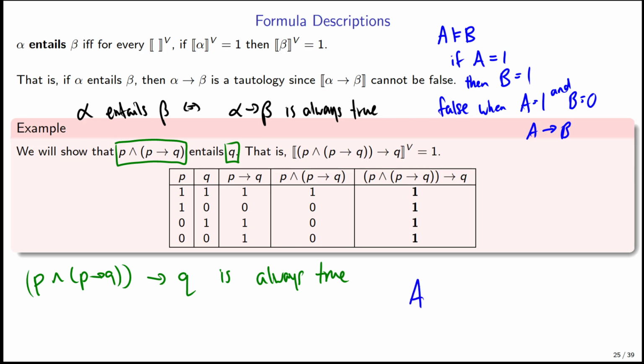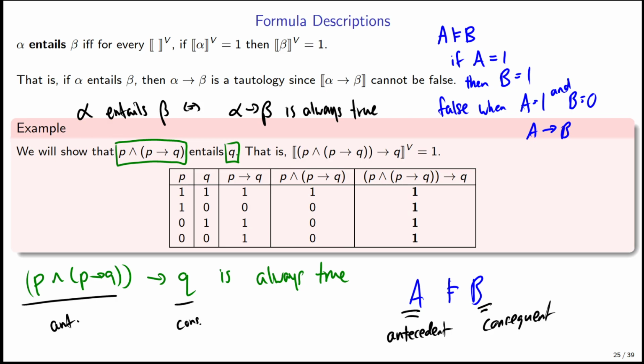So in terms of entailment, if we think back to our sentences, A entails B, we're picking our antecedent to be A, and we're picking our consequent to be B. So that's what's happening here. P and P arrow Q is our antecedent, Q is our consequent, we put an arrow between them, and we want to show they're always true.